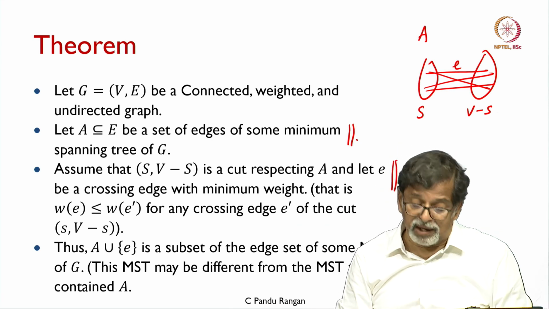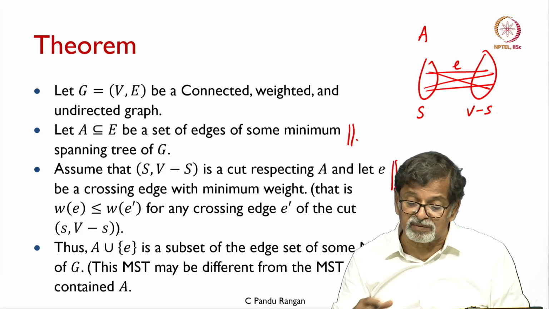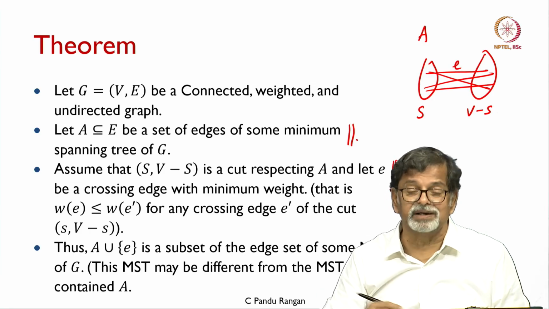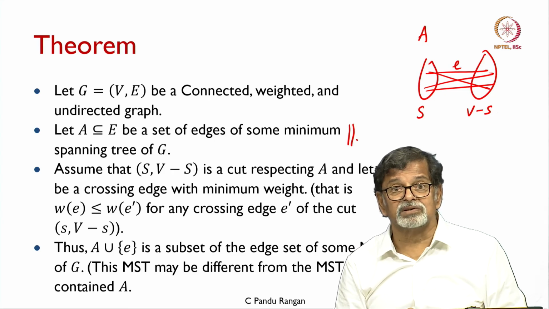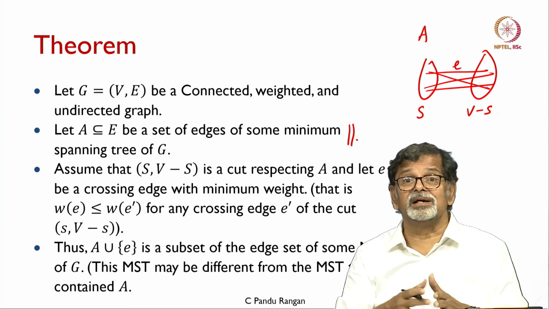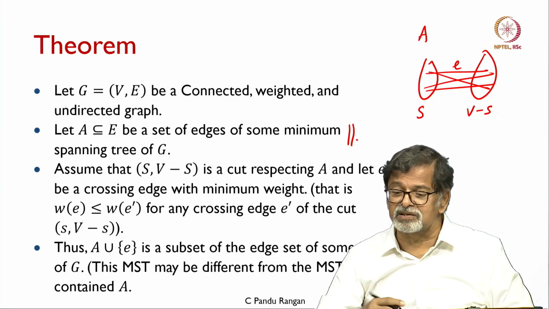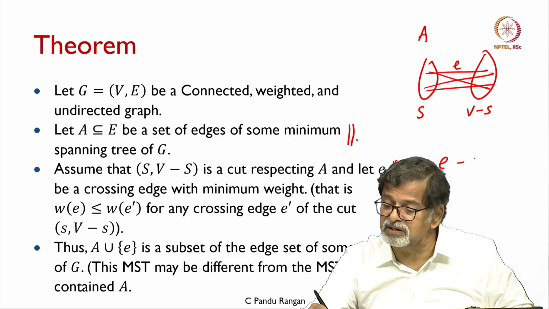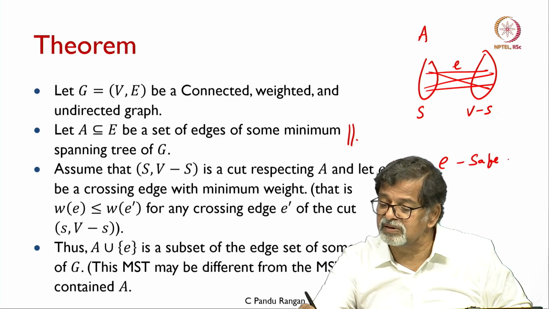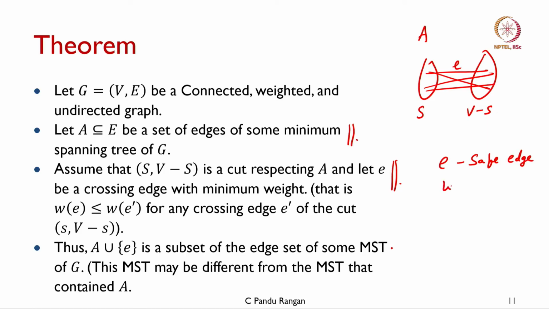Then A union E is a subset of edges of some minimum spanning tree. In other words, I can extend A by including E. In fact, E is called a safe edge to add to A. It is safe to add, you still have the property that A union E is a subset of some minimum spanning tree.